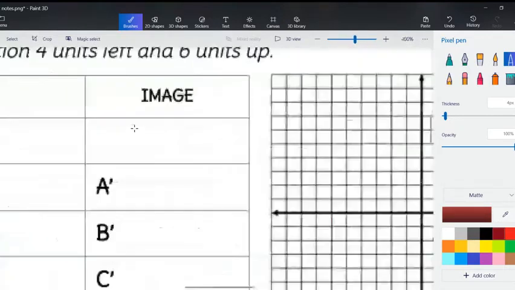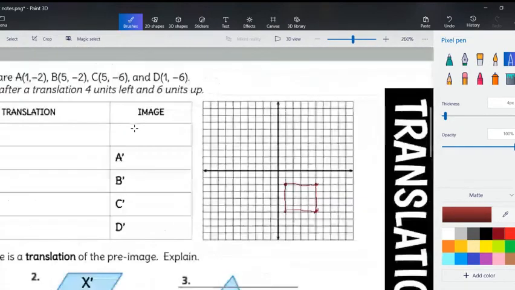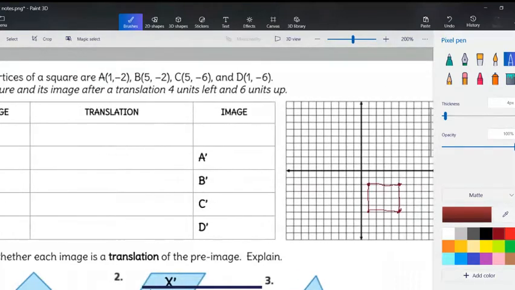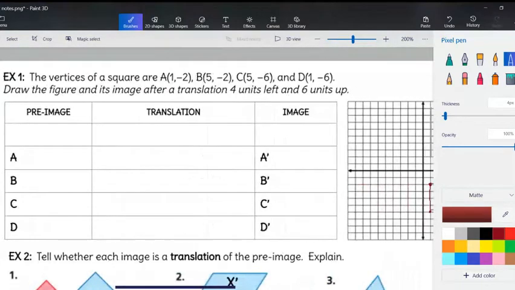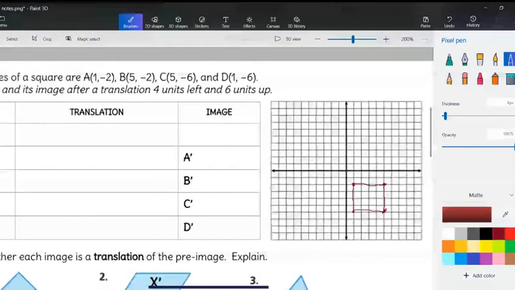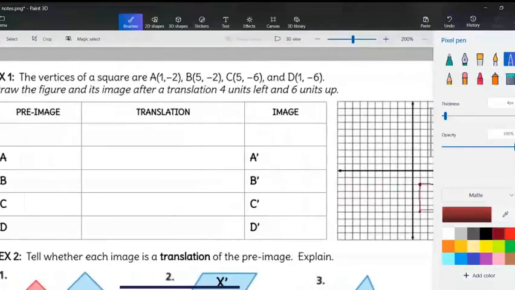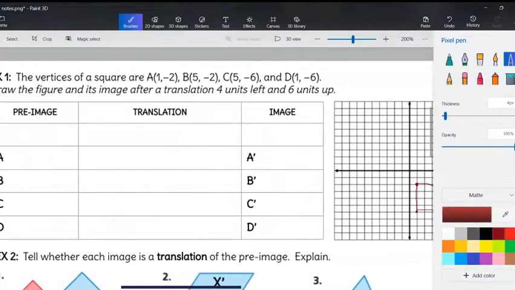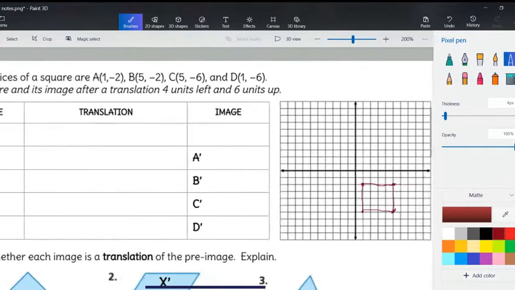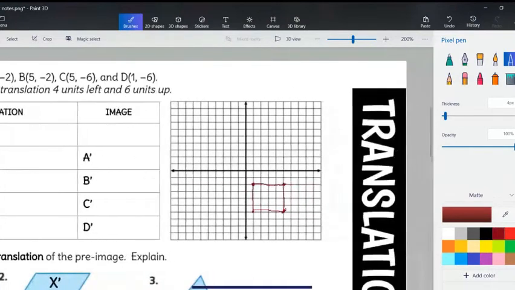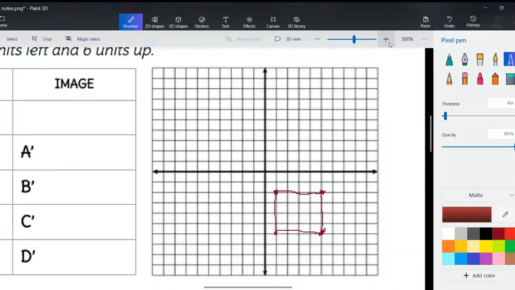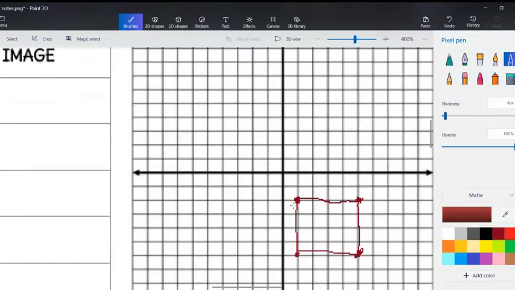All right, so in our notes it says draw the figure and its image. So we have the pre-image right now. The image is going to be the figure after a translation of 4 units left and 6 units up. It sounds pretty easy. We're just going to go 4 to the left and 6 up. The way we're going to do that is just count.